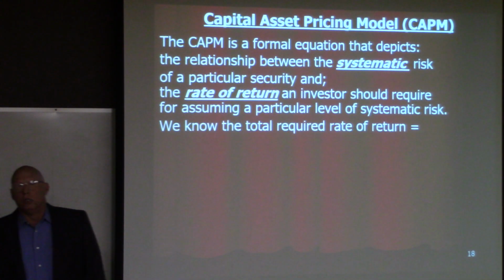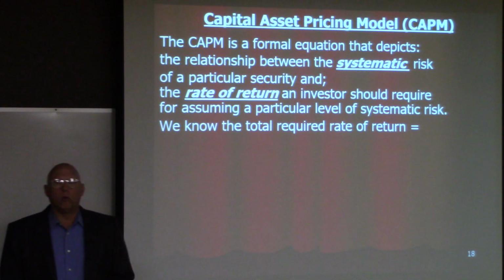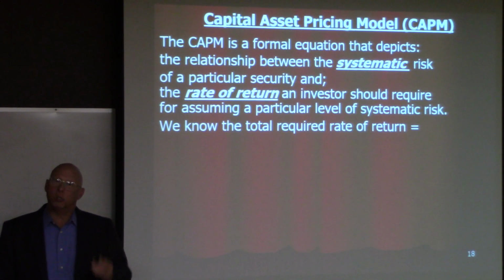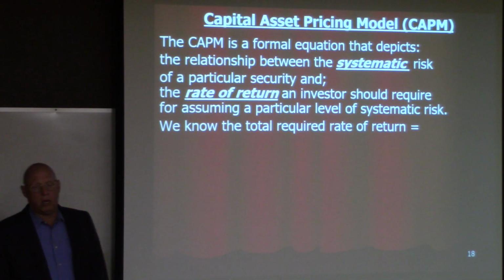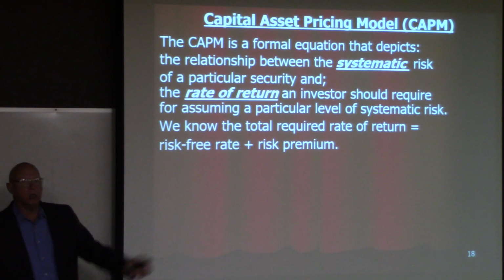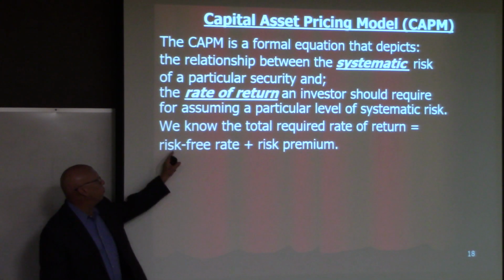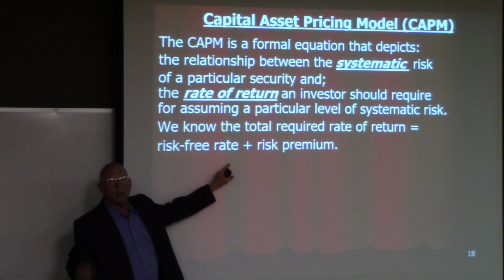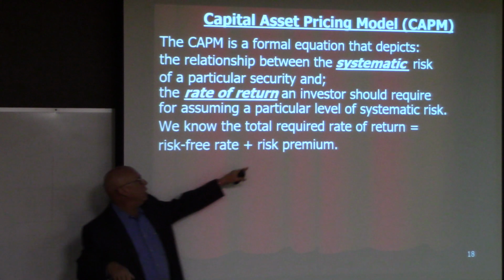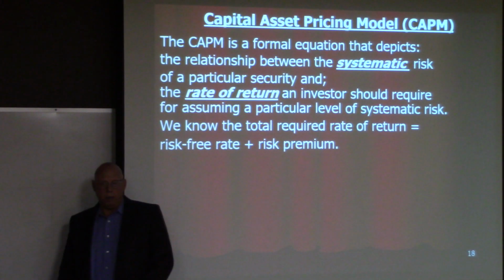Okay? So we know that the total required rate of return for a security, that rate of return that we should expect to earn based on the risks that we're taking, is equal to the risk-free rate plus some risk premium. So we've got the risk-free rate, which is the real risk-free rate plus inflation, and then some risk premium.